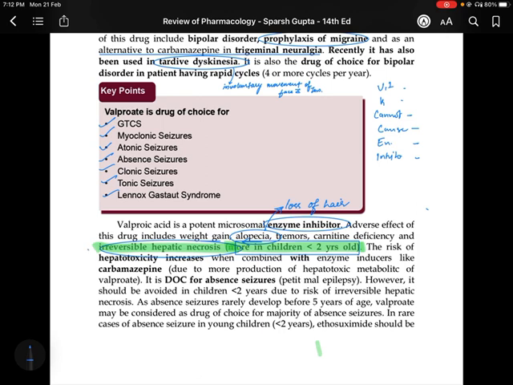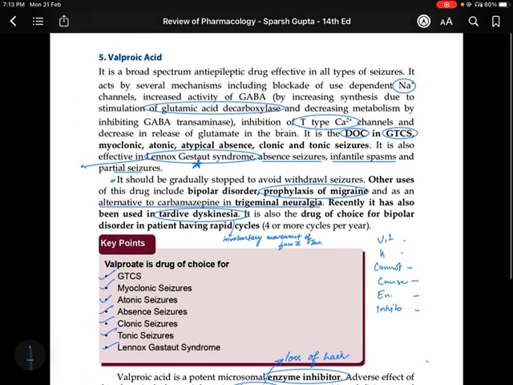As absence seizure rarely develops before 5 years of age, valproate may be considered the drug of choice for the majority of absence seizures. In rare cases, if absence seizures happen in children less than 2 years of age, then ethosuximide is the drug of choice.